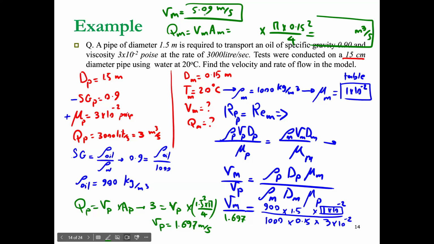What's the discharge? And as you can see, velocity in the model is higher. You are modeling in a much smaller version, so velocity is higher. Discharge is for sure less than outside.